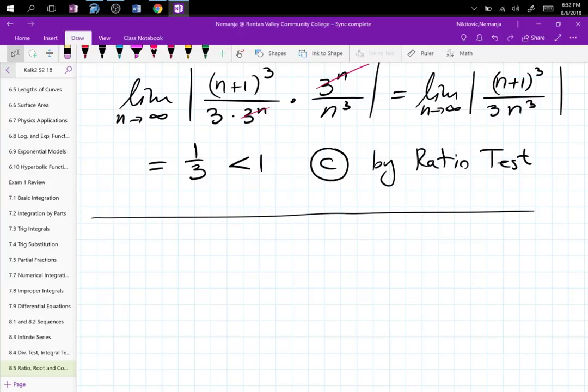Let's take a look at another one of these. So say you have summation of, let's go with e to the n times n to the negative n, from 1 to infinity.